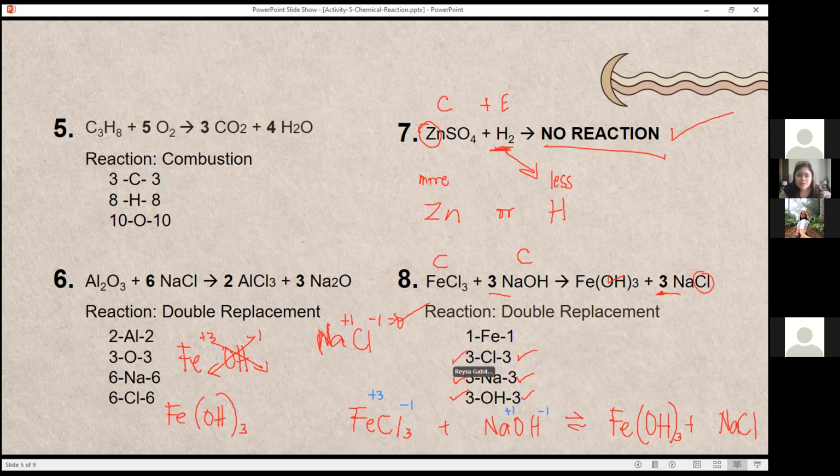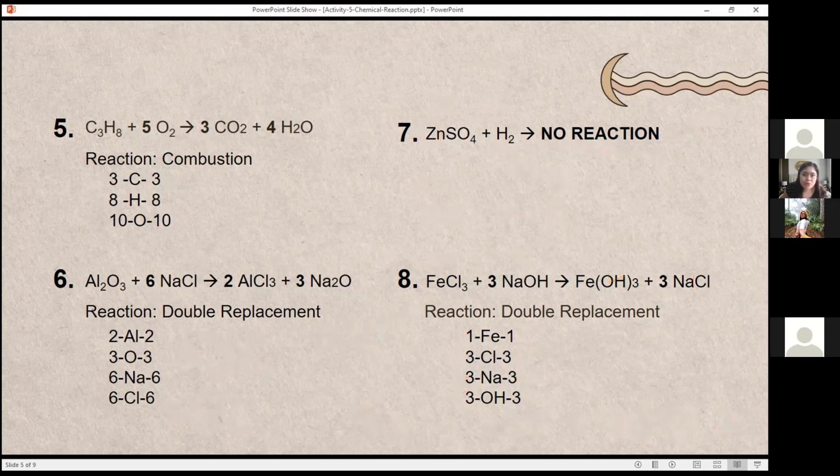So this is also 3. Fe, isa-isa lang. So yes, this is correct. This is a balanced equation for the ferric chloride plus 3 sodium hydroxide equals ferric hydroxide plus 3 molecules of sodium chloride. Okay, double displacement.